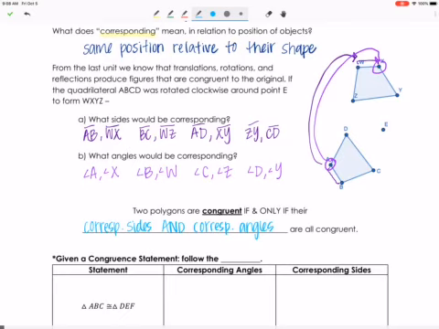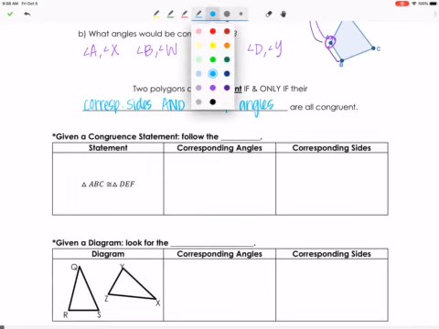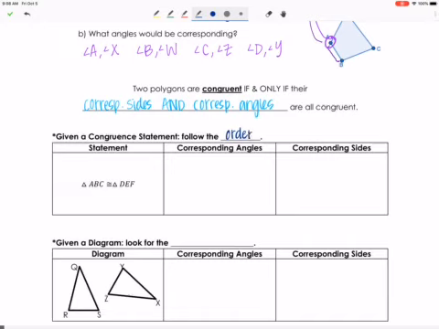All their corresponding sides and all their corresponding angles have to be congruent to each other. There are two different ways you can be told that two figures are congruent. One of which is if you're just given a congruency statement. If we're given a statement, you just need to follow the order of the way the figure is written. So the order indicates what parts should be corresponding and therefore congruent.